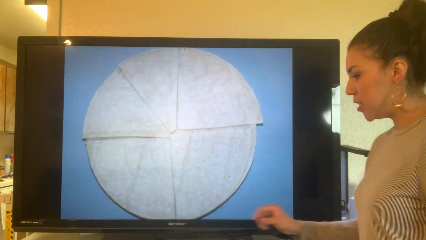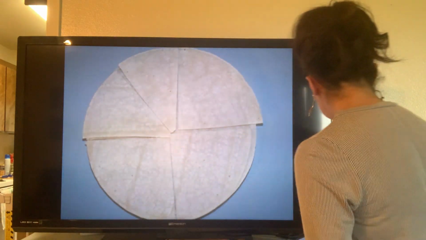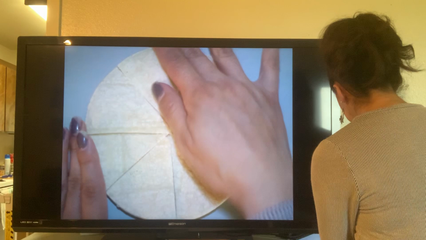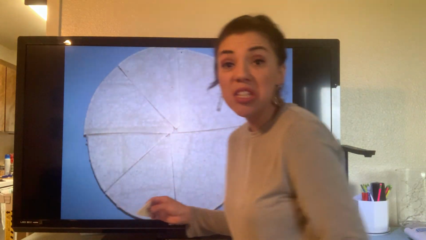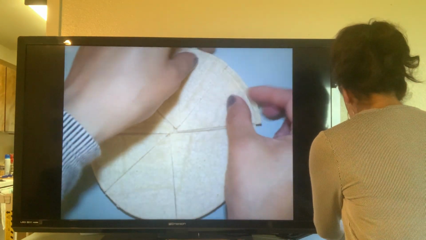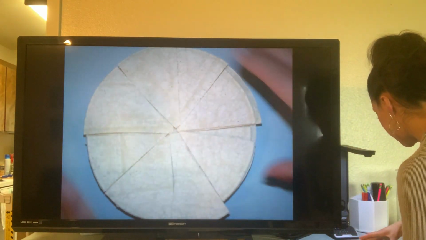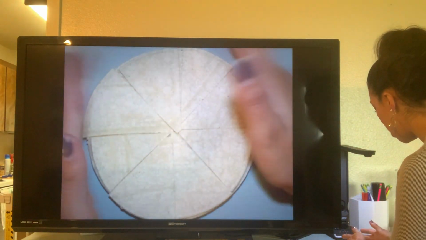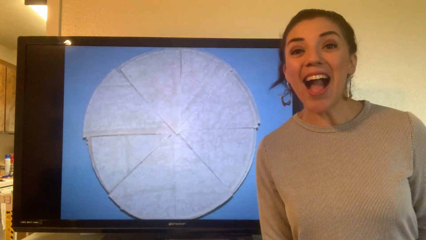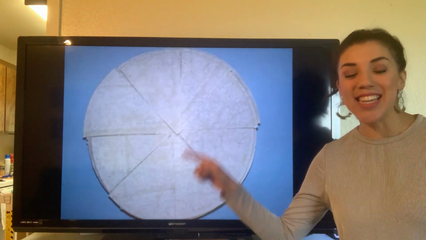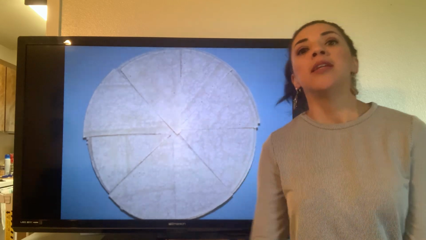Man, fractions, there's so much you can do with them. You can just break them up smaller and smaller and keep having equivalent fractions or equal fractions. Okay, so now, ta-da! 8/8 equals 1 whole.